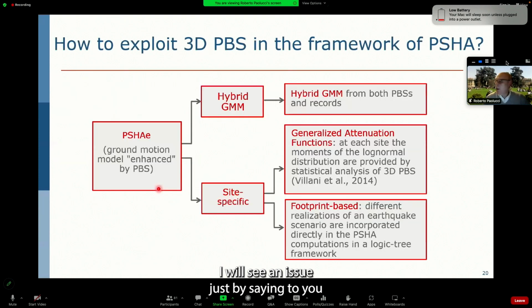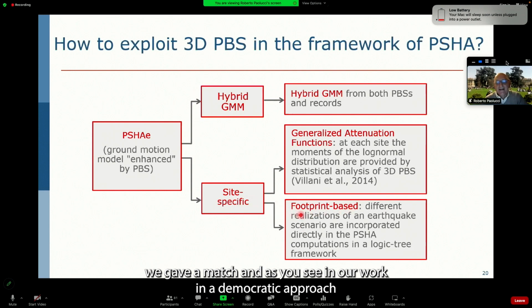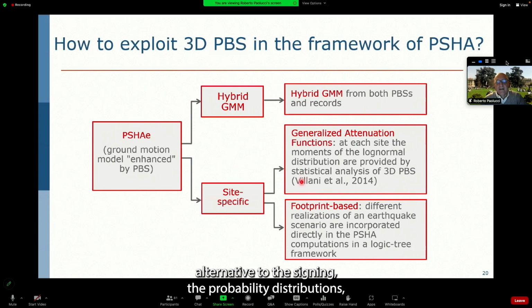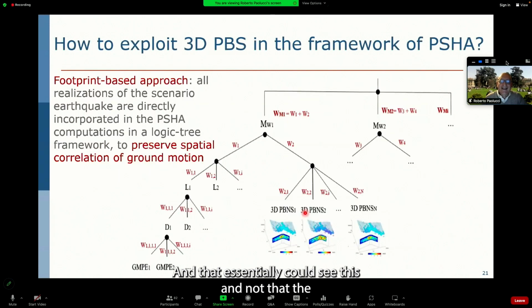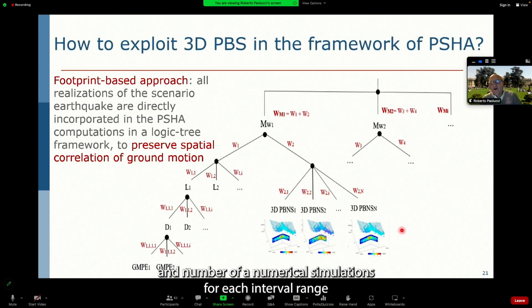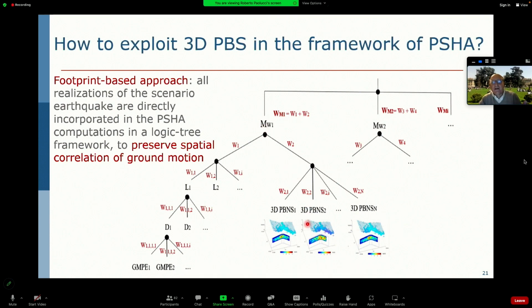I will finish by introducing something that you will see in the presentation by Marco Stupazzini tomorrow. We gave much emphasis in our work to an alternative approach to defining the probability distributions, what we call the footprint-based probabilistic approach, that essentially considers not the probability distribution at the site, but directly the overall number of numerical simulations for each magnitude interval range that were combined in a logic tree framework.